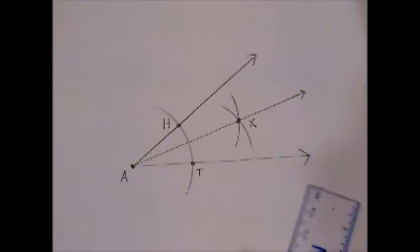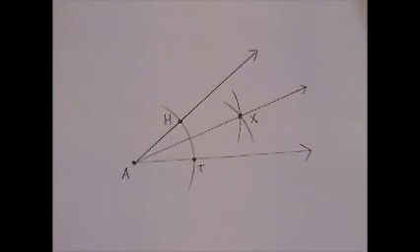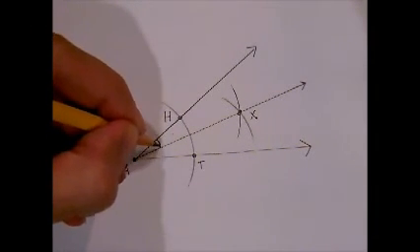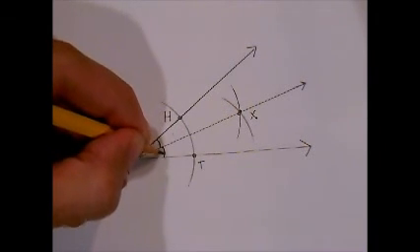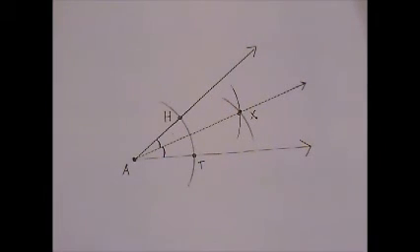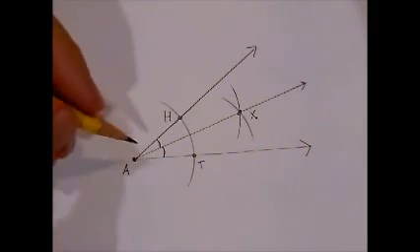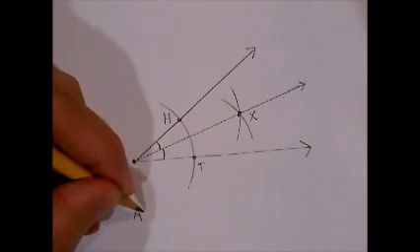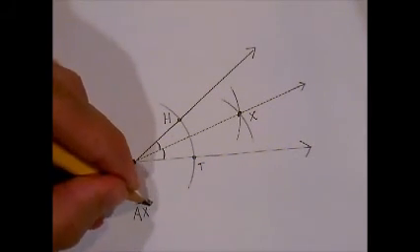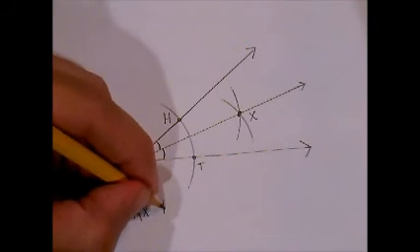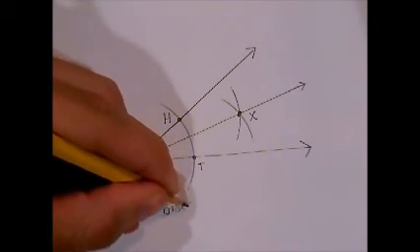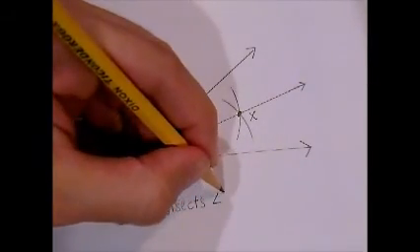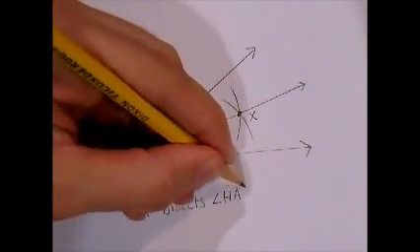So what does this mean? Well, it means we can write down some relationships. First off, these two angles are congruent, so put an arc marking like that through the two little acute angles. And we will write the following. The ray AX bisects angle HAT.